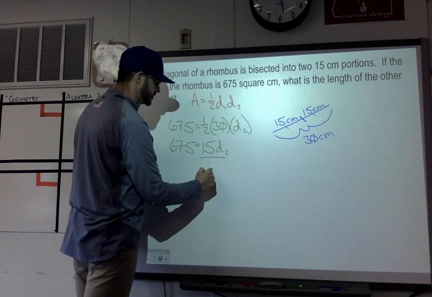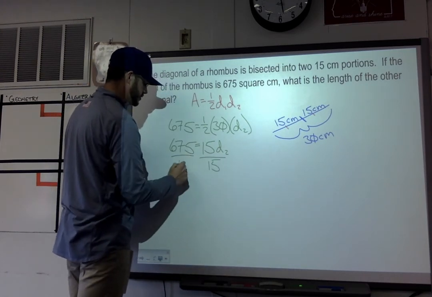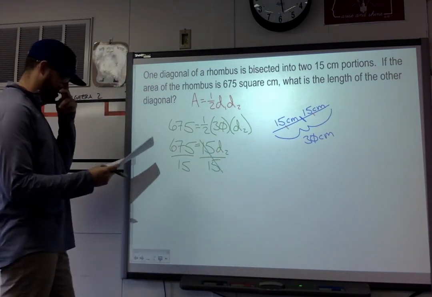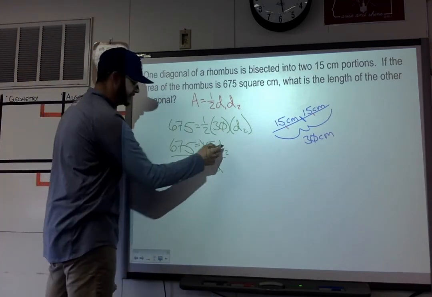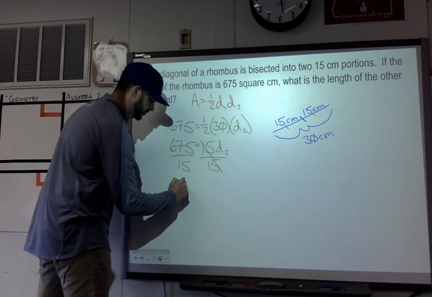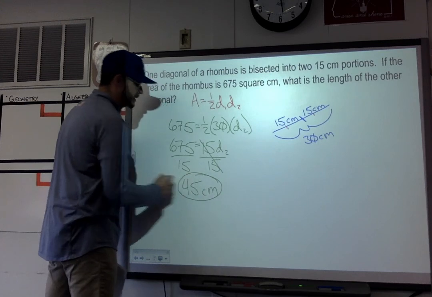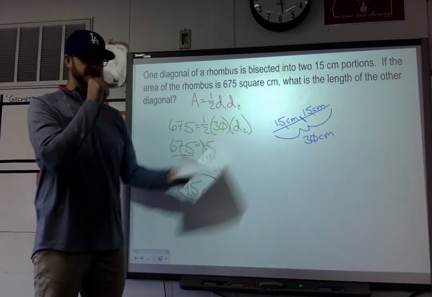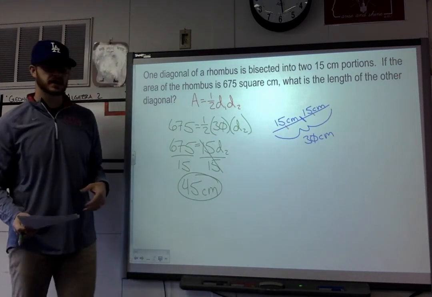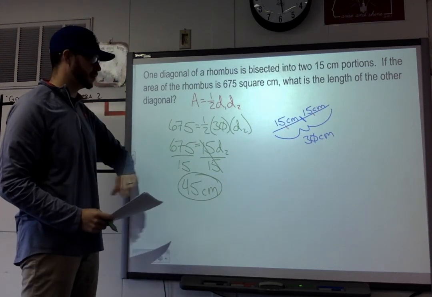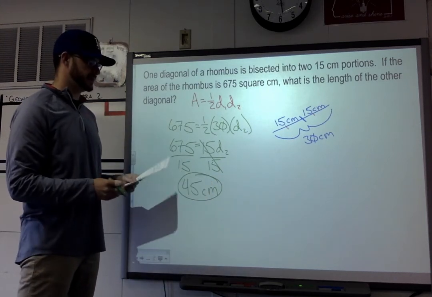Divide both sides by 15. And I am going to end up with a length for that diagonal of 45 centimeters. Now remember, since we're just finding the diagonal, we're not finding an area anymore. We don't need to give our answer as centimeters squared. It's just going to be centimeters.